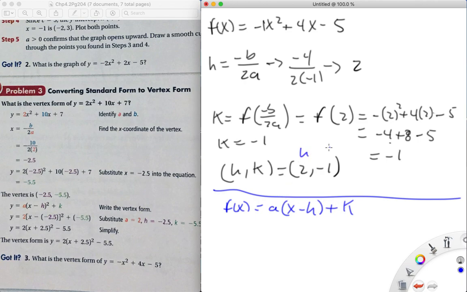Here's my h, here's my k, and my a in this case is also negative 1. So I can say that f of x is equal to negative (x minus 2) squared minus 1. That would be vertex form. Everything stems from negative b over 2a, the vertex.